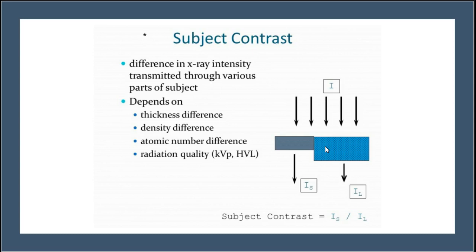And the atomic number difference. So if you have air versus bone, of course the bone has a higher atomic number and is going to absorb more of your photons. And in order to measure the quality, it's kVp, and we use a half value layer.